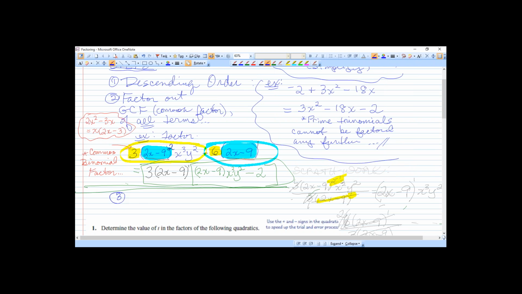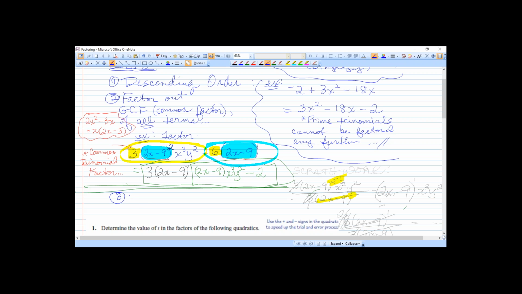Thirdly, once you factor out a greatest common factor, we have something else. I'm going to put this in a separate step right here, and I think it'll help keep it a little simpler and help eliminate error.